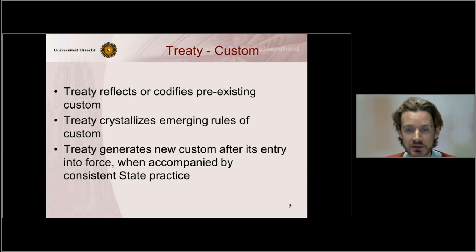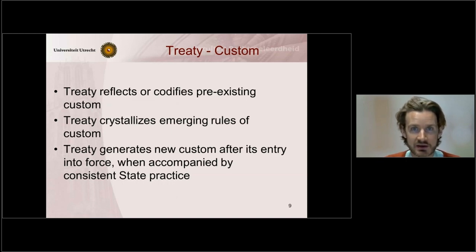A treaty can also crystallize emerging rules of custom. So then maybe the customary norm is not yet established, but it's emerging. It's slowly coming to the surface, and then a treaty can crystallize or solidify that development.